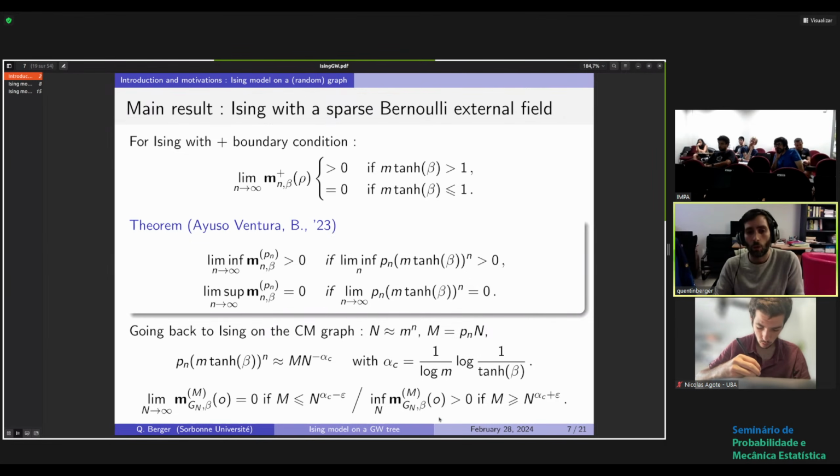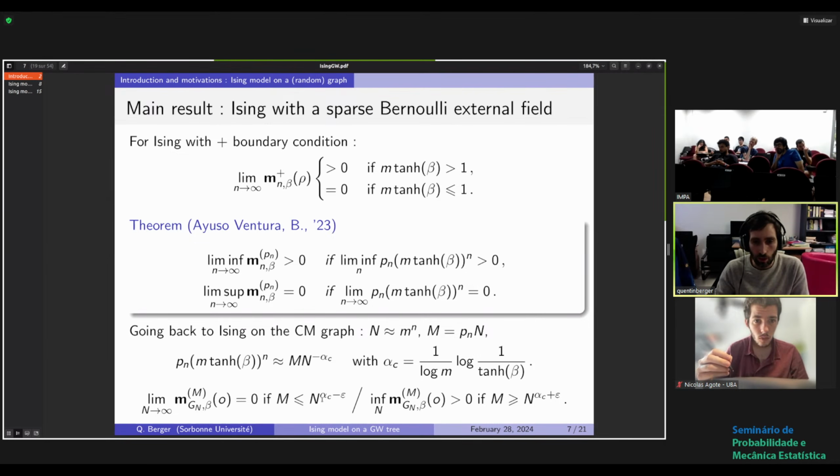So our prediction is, and here you have to make some approximations, I don't think we hope to get a result as precise as the one we obtained for the tree. But basically what we expect, and I think we will be able to prove, is that if the number of external agents is smaller than n to the critical exponent minus epsilon, the randomly chosen vertex will not be magnetized, and if the number of external agents is larger than n to the alpha critical plus epsilon, the randomly chosen vertex will be magnetized in the limit.